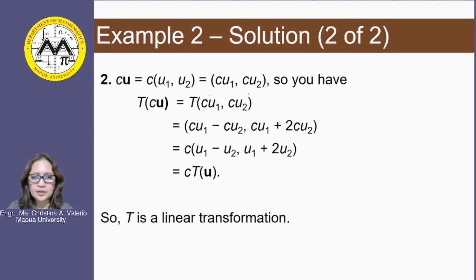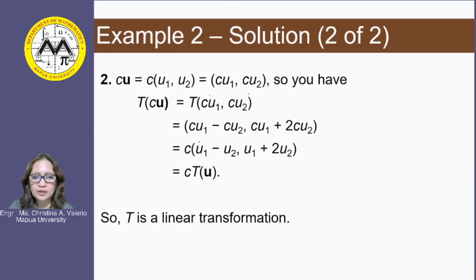And with regard to the scalar multiplication, we know that cu is given by c times (u1, u2), which is (cu1, cu2). So according to the transformation, the first component is the first component minus the second component, and for the second component, we will have the first component plus twice the second component, and then we simply factor out c.